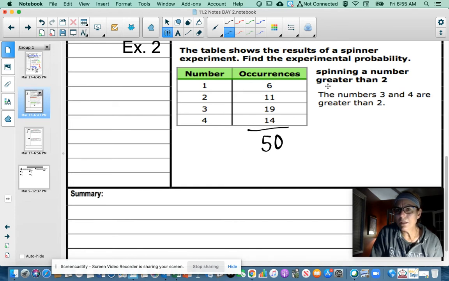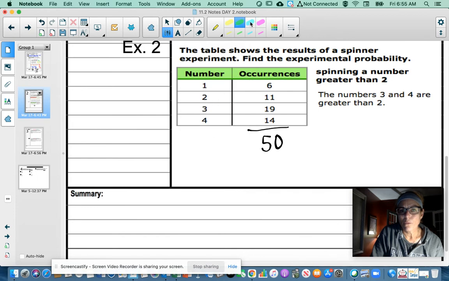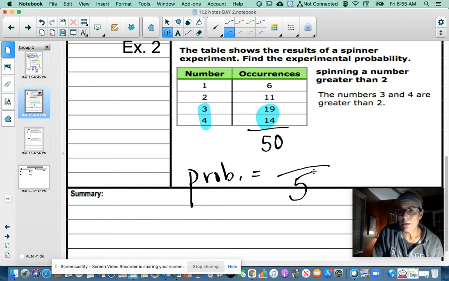So the probability of spinning a number greater than 2, we're going to be focusing on these. Our probability, the denominator is 50, because I spun the spinner 50 times.